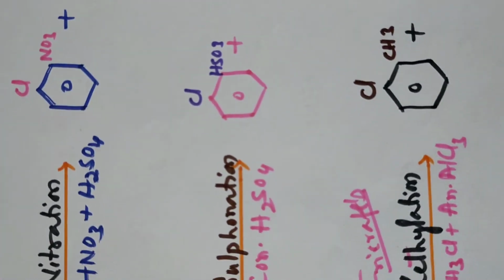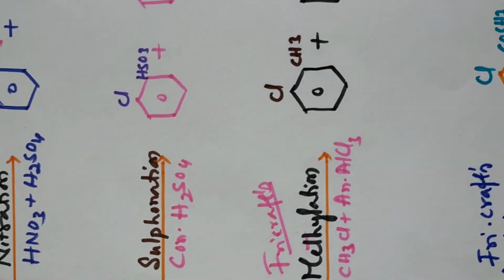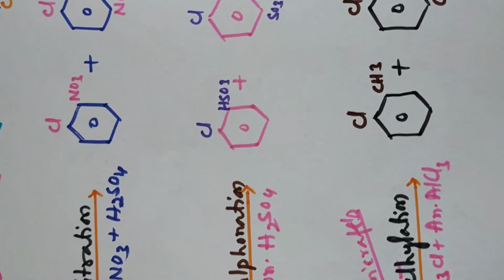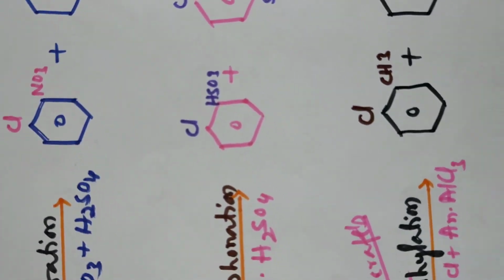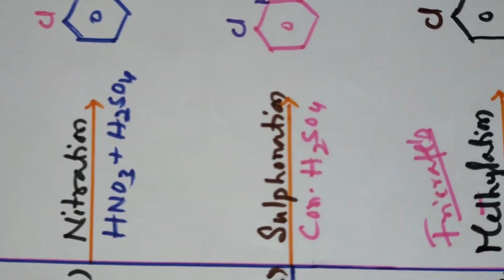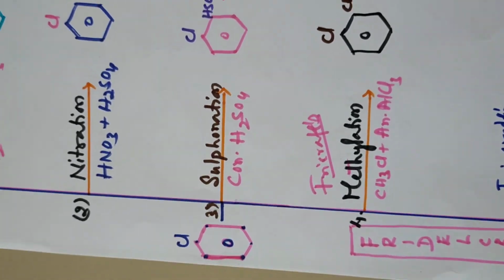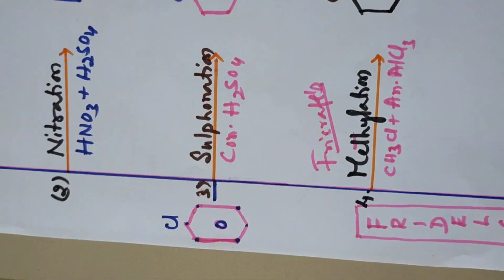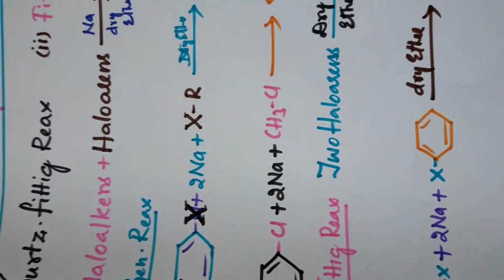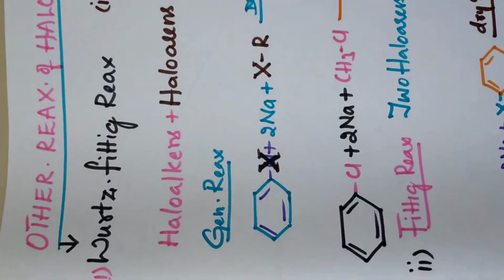What happens again, the Sandmeyer reactions, Friedel-Crafts acylation and Friedel-Crafts methylation come under the Friedel-Crafts reactions of the haloarenes group. The different haloarenes have different types of reactions. Here is about the other reactions of haloarenes.